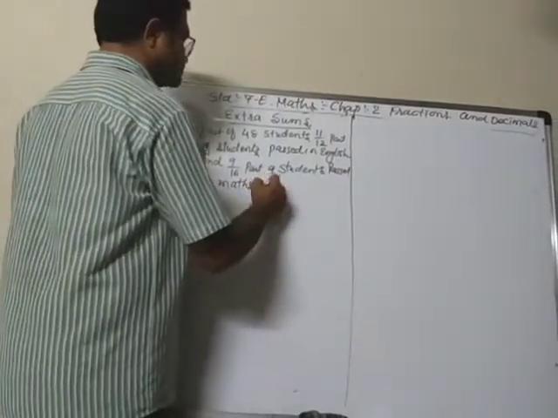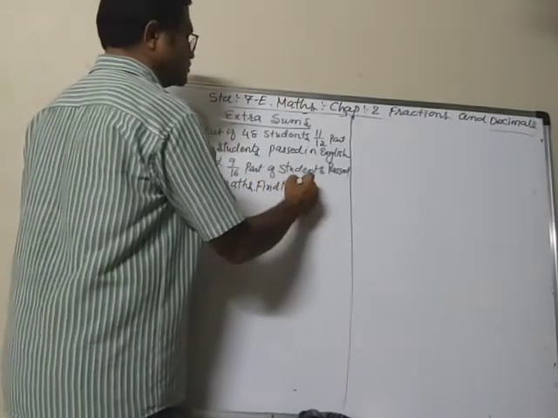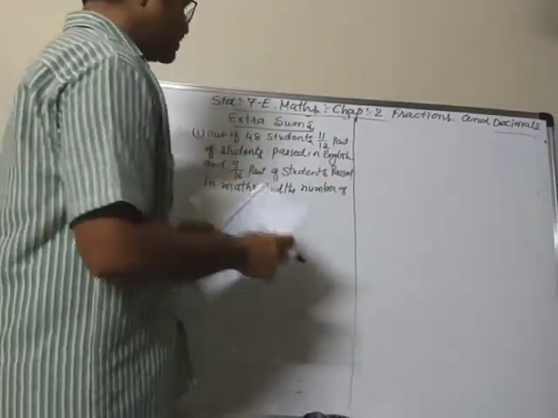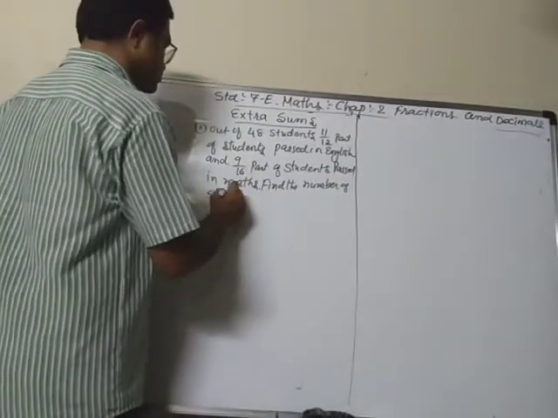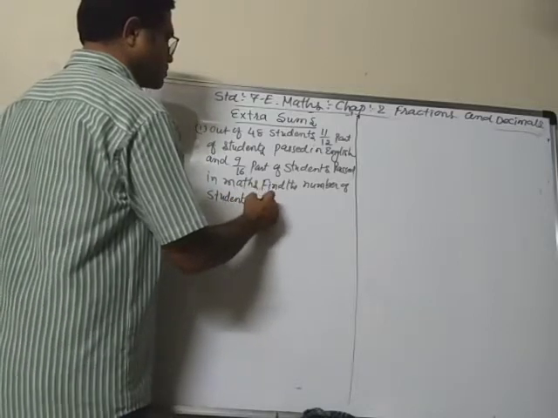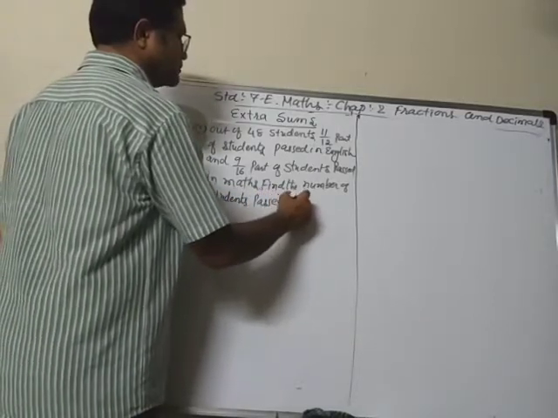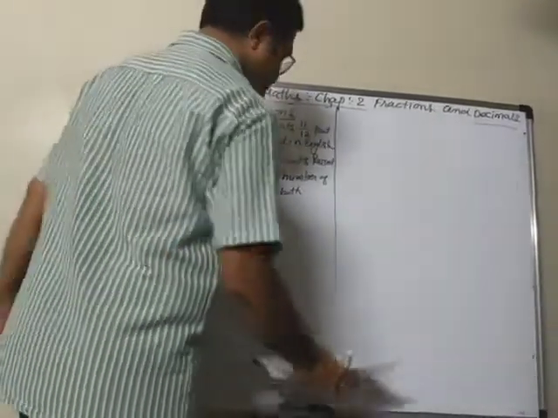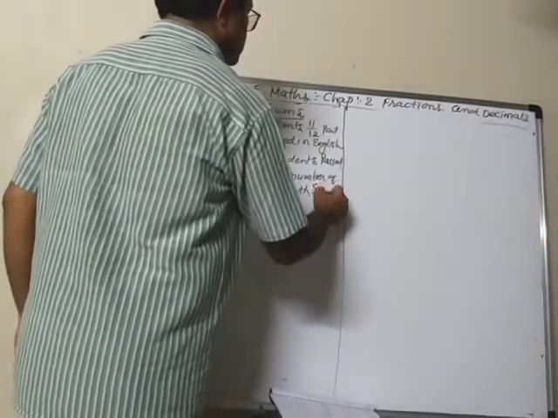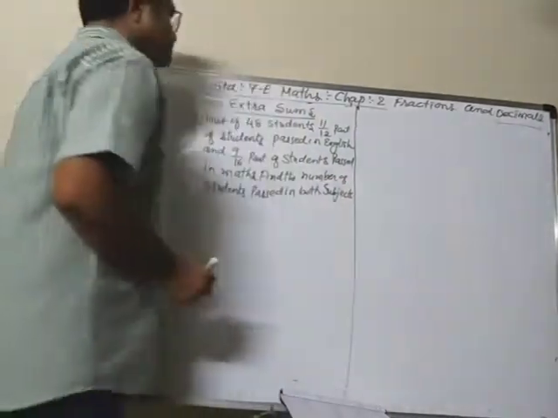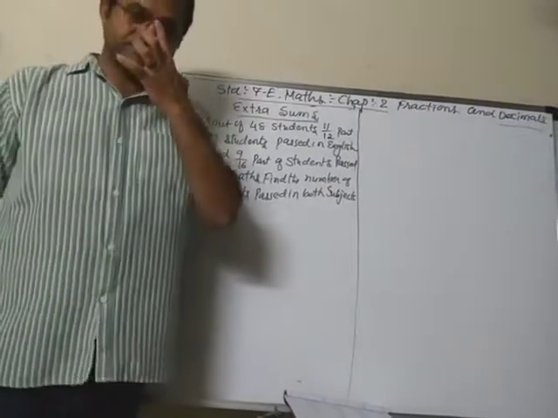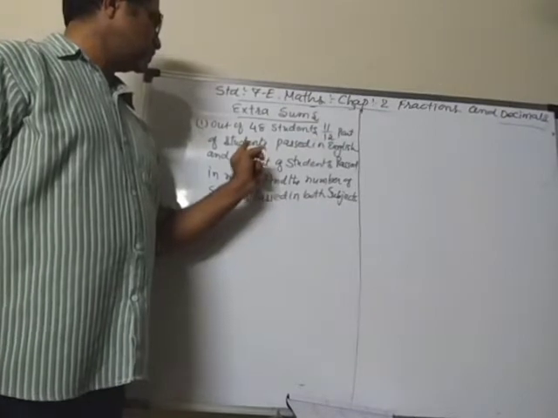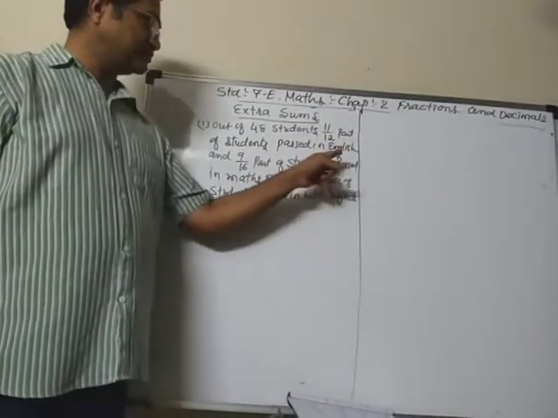Find the number of students passed in both subjects. So here there are total 48 students, out of which 11 by 12 part of the students passed in English.